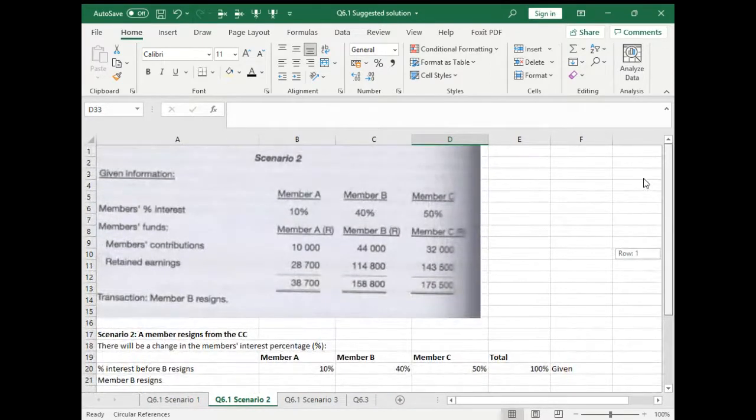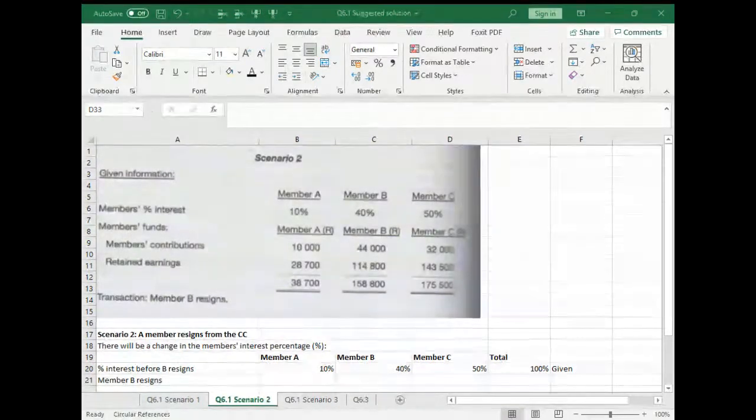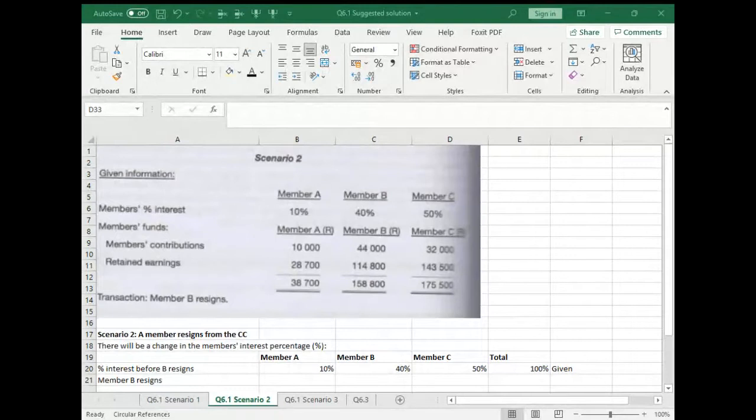they tell you that member B has resigned. Now when member B resigned, what I said is we do not actually relocate the retained earnings between member A and C. We are paying out the full equity to member B, so there will be 0 equity for member B. Now, how do we actually then determine what is the member's percentage interest subsequently?